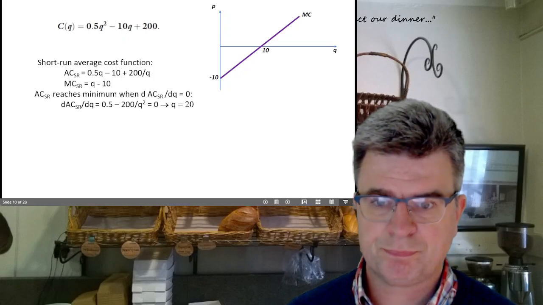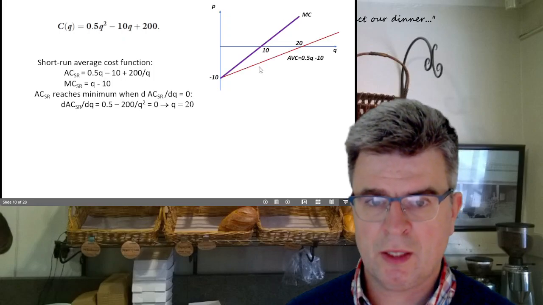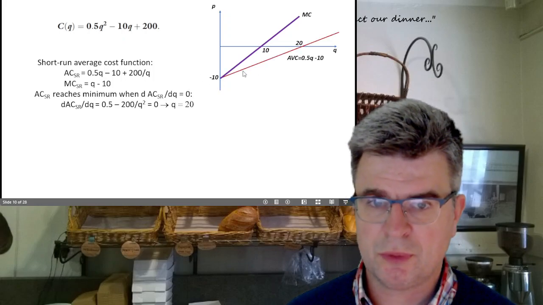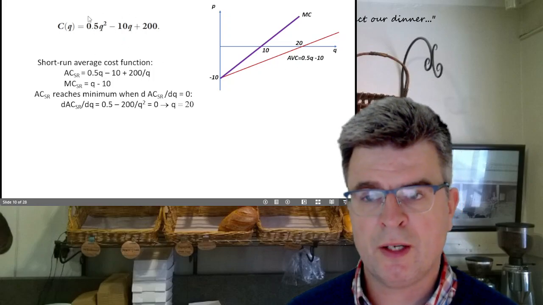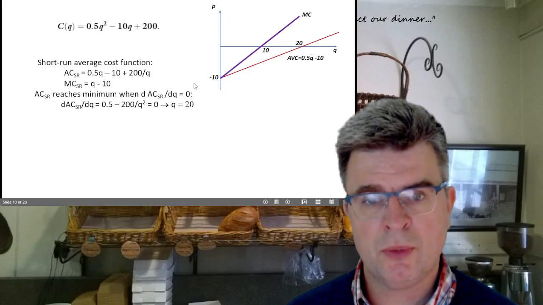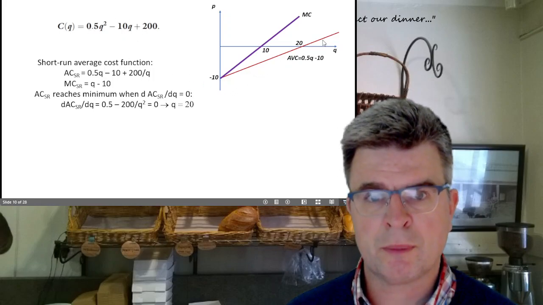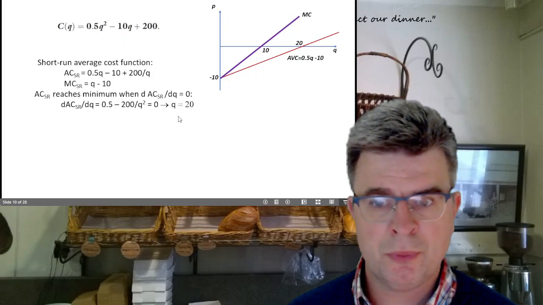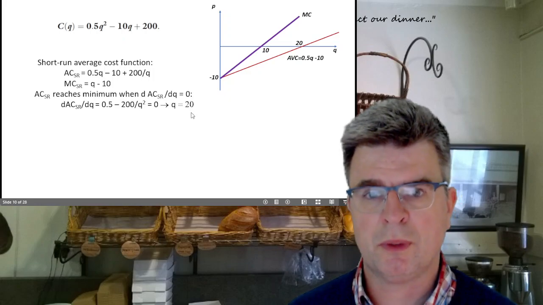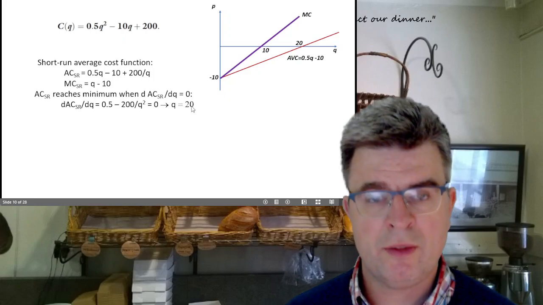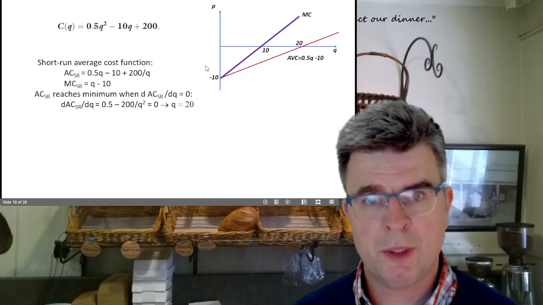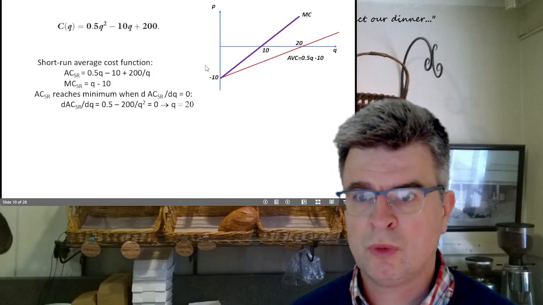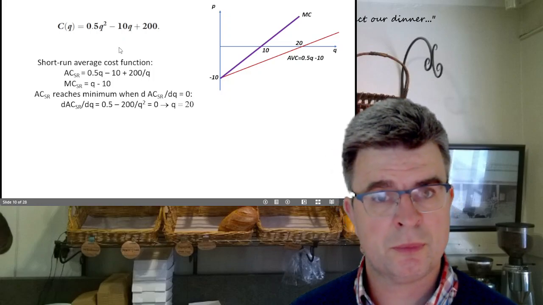So what you can see, and you can do it graphically, is the average variable cost. So this is the total variable cost. If we divide this part of the cost function by Q, we get the average variable cost. And what it shows you is that at a quantity of 20, where we started out with in question A, the total revenues of the firm, price is 10, quantity is 20, is 200, and the total cost is identical to 200 as well.